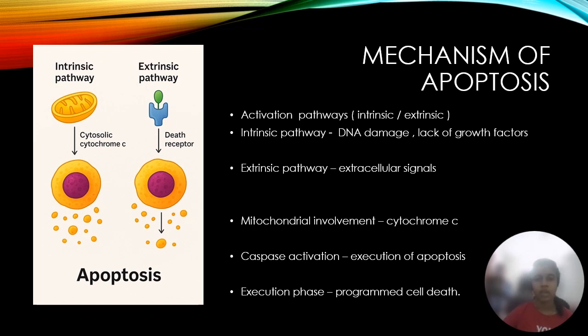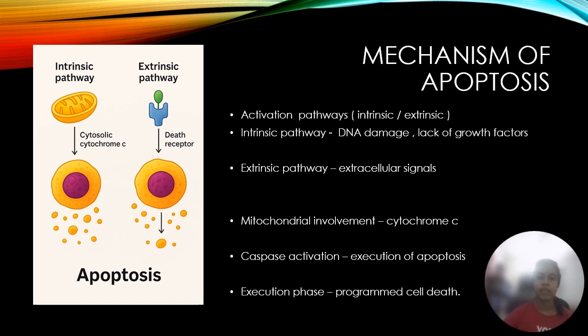That causes a release of pro-apoptotic factors from the mitochondria into the cytosol. These pro-apoptotic factors are the stuff that initiate apoptosis. We will discuss the BCL2 family proteins in the upcoming slide, so you will get to know more.